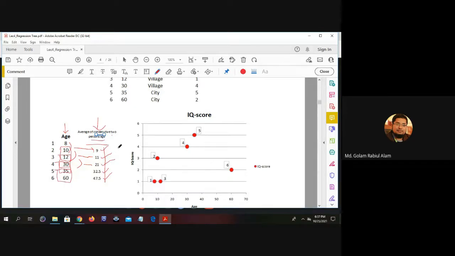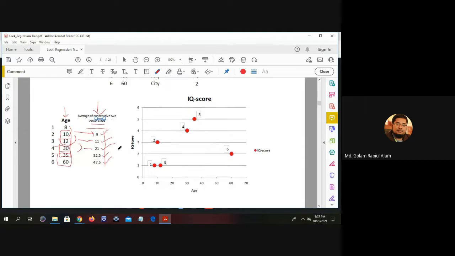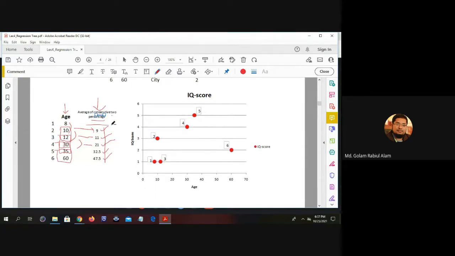Okay, then what I have to do? The next, I have to consider each and every average as the splitter.